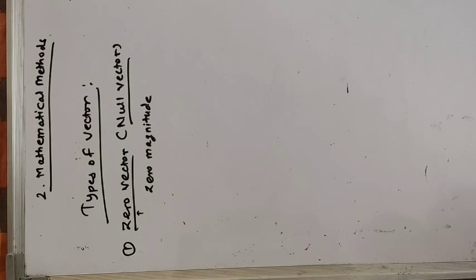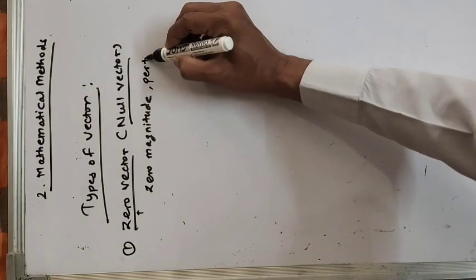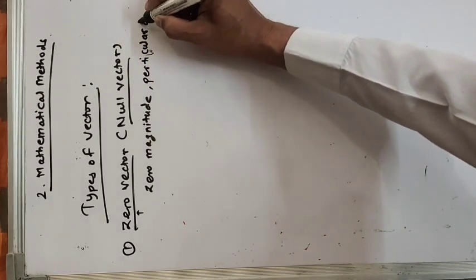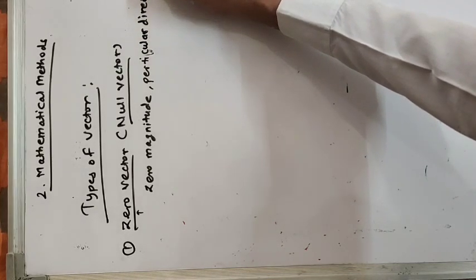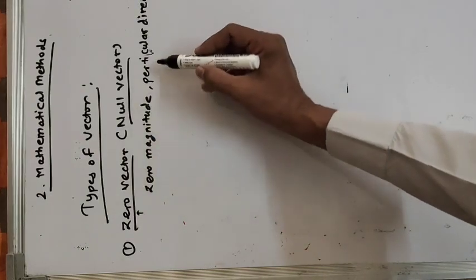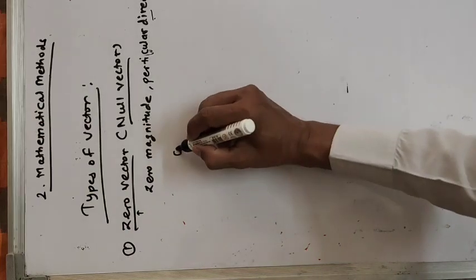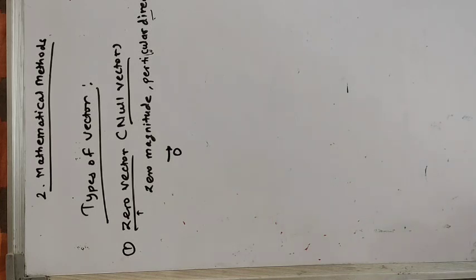A vector having zero magnitude with a particular direction, because as this is a vector, it needs direction. So a vector with zero magnitude in a particular direction is called a zero vector or null vector. Symbolically it is represented by the zero vector in this way.